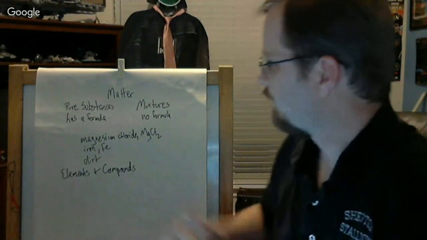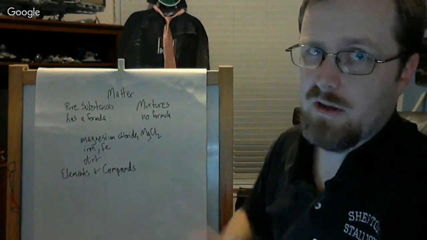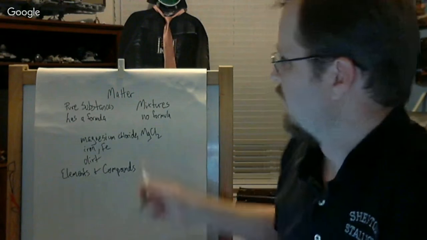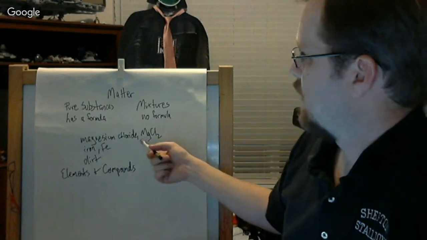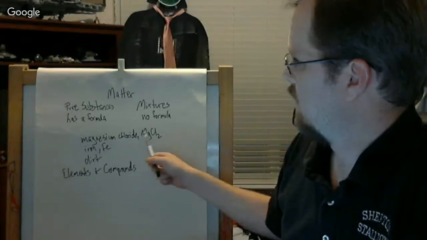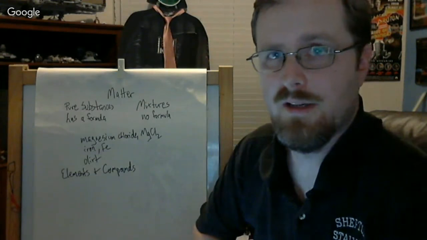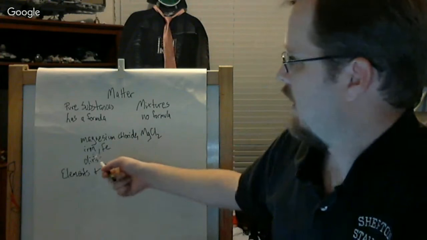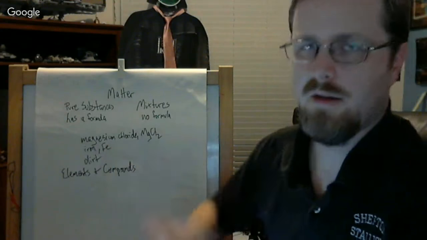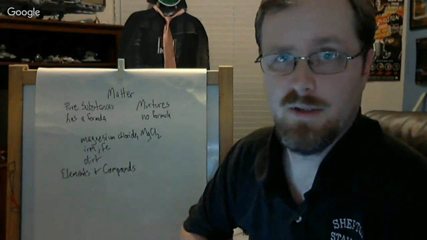Well, it's actually very simple. You look at how many capital letters are in the formula. So we look at magnesium chloride, MgCl2. Well, it has 2 capital letters. Therefore, this is considered to be a compound. Iron here has only 1 capital letter, so there's your element.